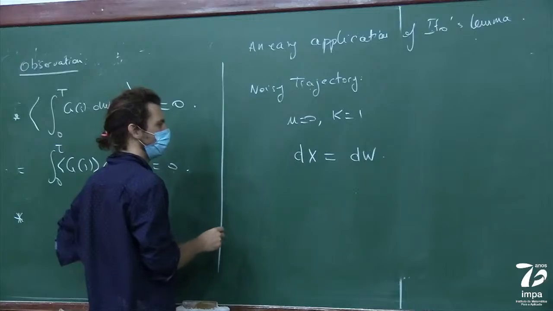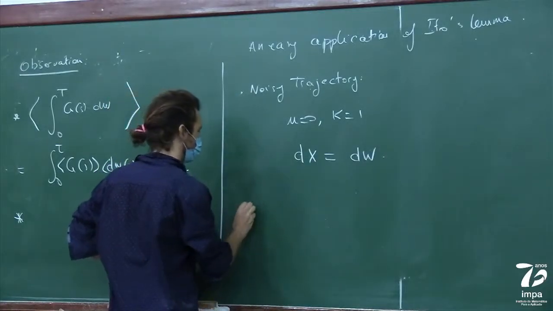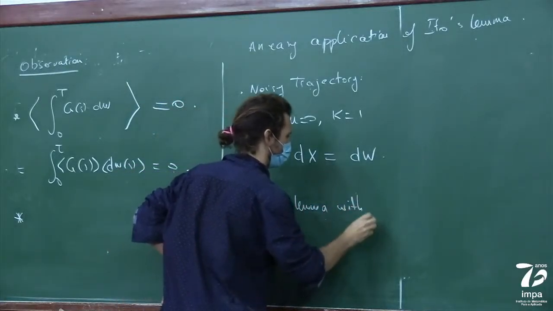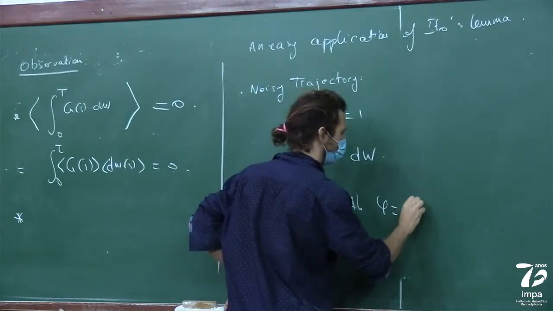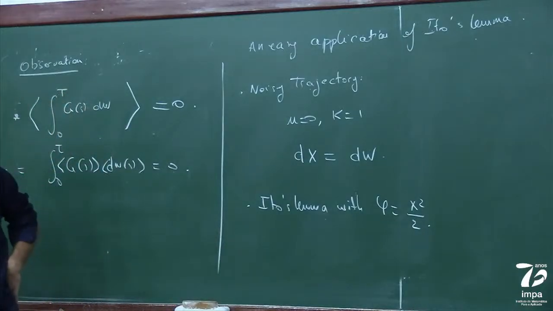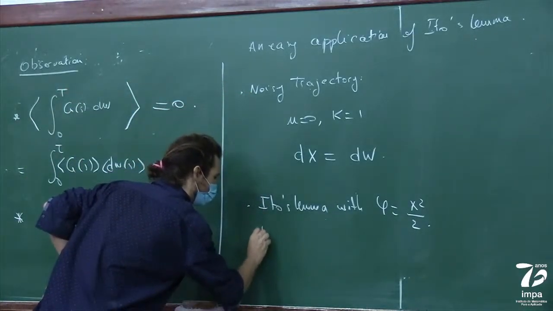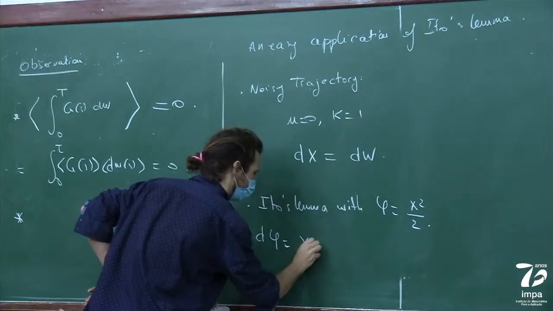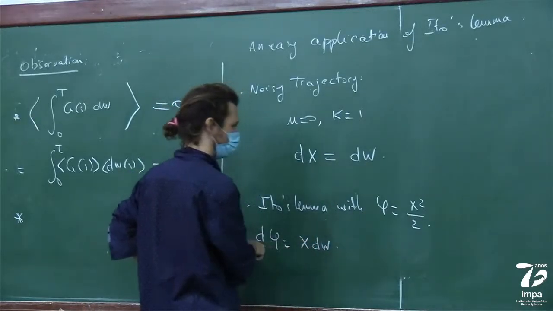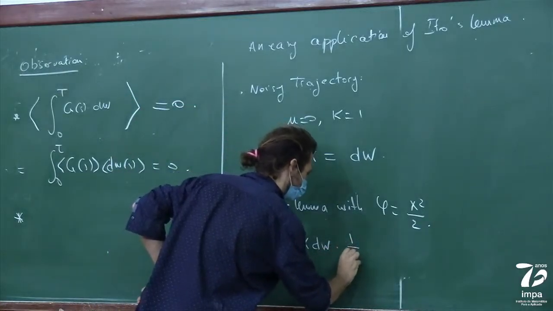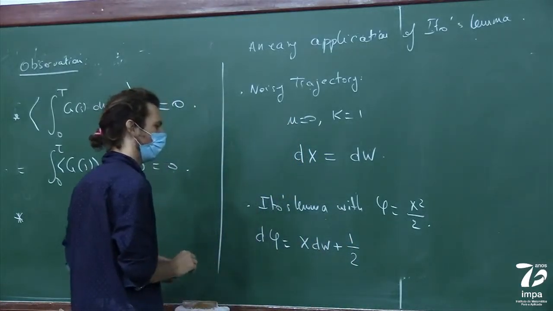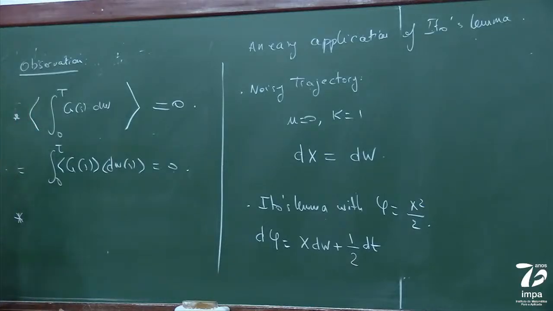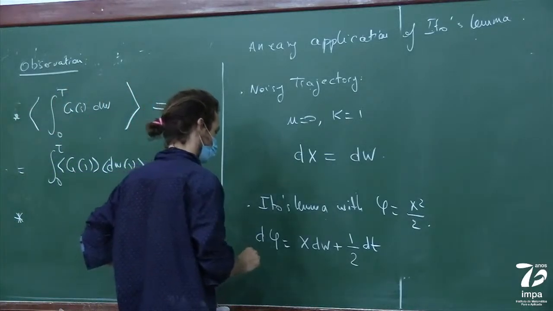And then, for example, if we take Ito's lemma with phi equal x squared over 2, you will get d phi. You have to differentiate this once, which gives x d omega, and then differentiate twice, plus 1/2 dt.